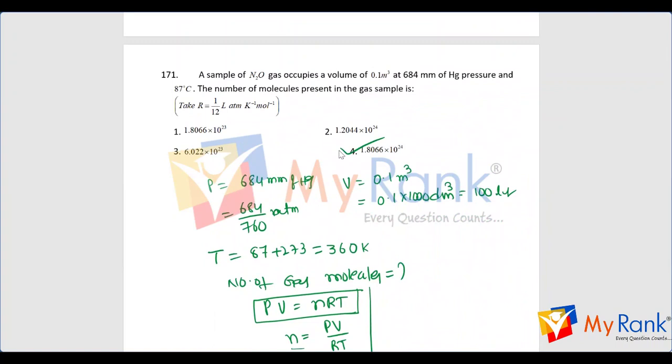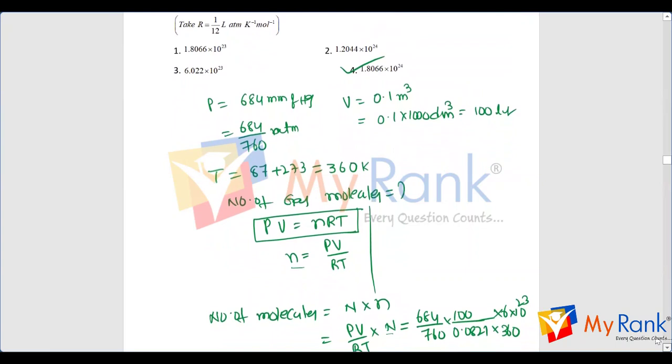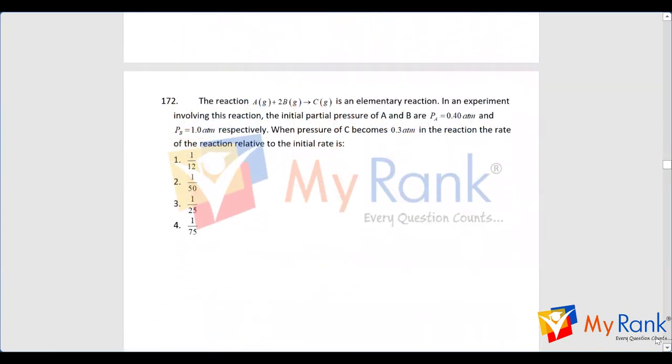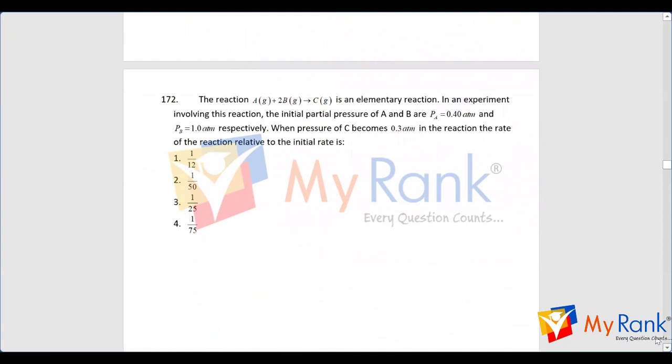PV is equal to nRT only. From this, we calculated the number of moles n. If you know the number of moles, we can calculate the number of molecules, that is, number of moles into Avogadro number.